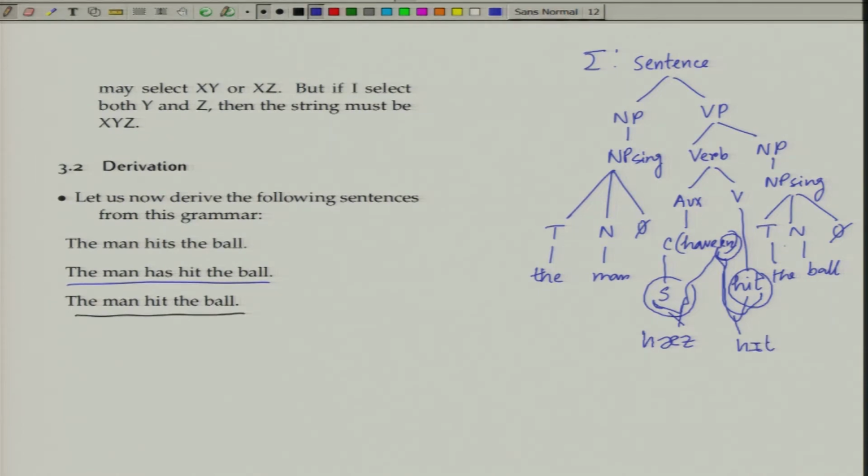So already these two have been realized, they have been sort of manifested by using the rules, and the once again becomes something like this: man is this, and has hit the once again, and ball looks like this. So we find once again the final string, which is absolutely grammatical.